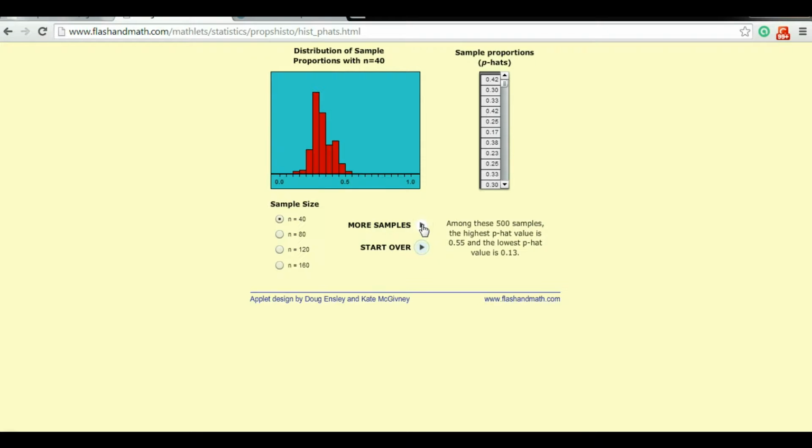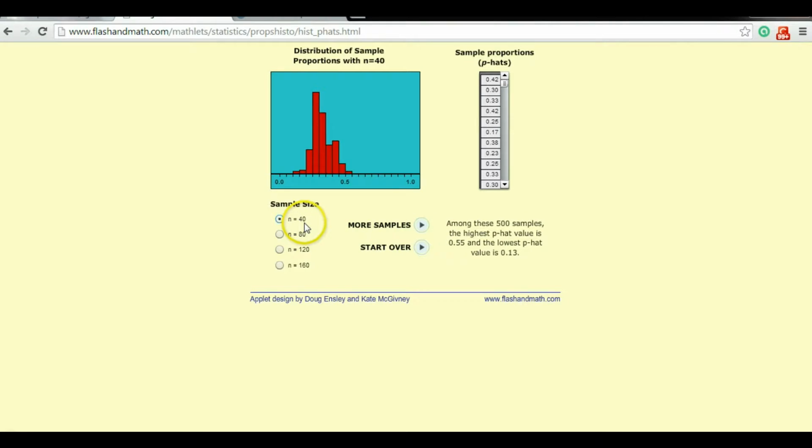You notice what that distribution looks like. Okay. So it goes from, I don't know, looks like maybe 10% to 55%. The lowest is 0.13 and the highest is 0.55. Okay. And we did 500 samples.